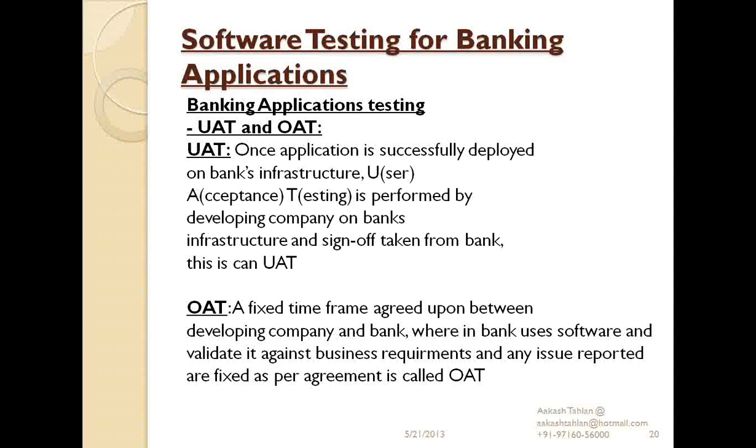OAT, operational acceptance testing, is performed by the bank's employees for a fixed duration, let's say 15 days or 1 month, and in this duration, if any issue is reported in the fresh development, the developing company has to take care of it.